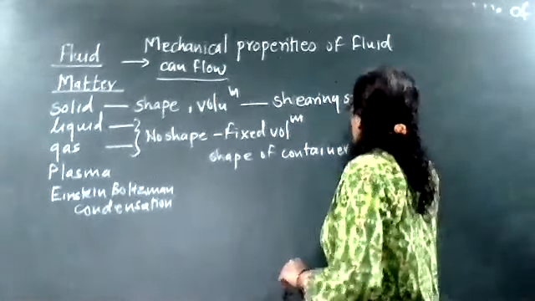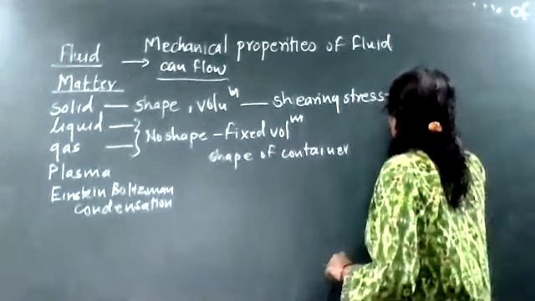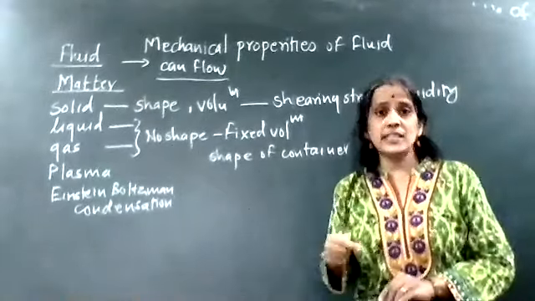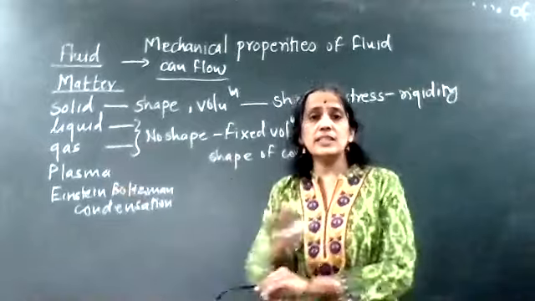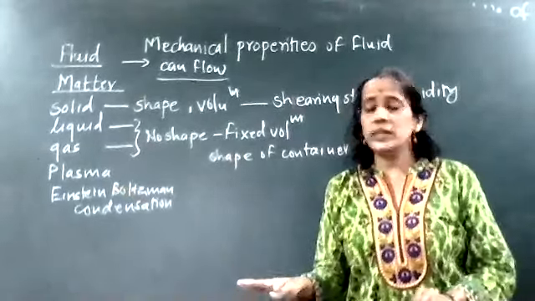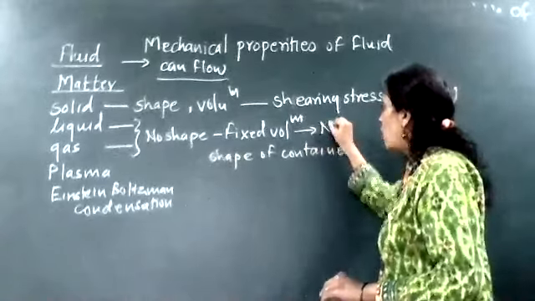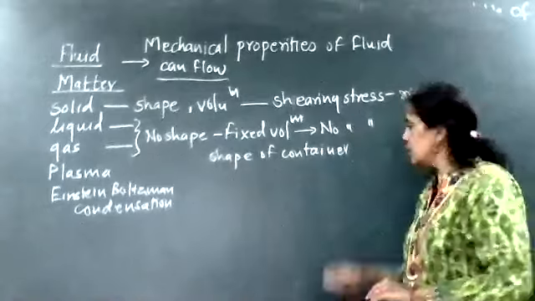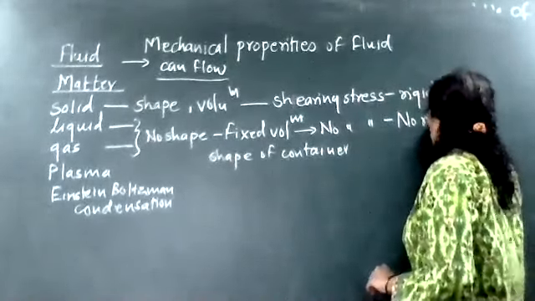Now as a solid has a shape, therefore a solid must possess a shearing stress, or I can say that a solid has a modulus of rigidity. A solid has the property of rigidity. Why? Because it has a definite shape. But liquid and gas don't have a shape, so there is no shearing stress. As there is no shearing stress, they have no rigidity property.